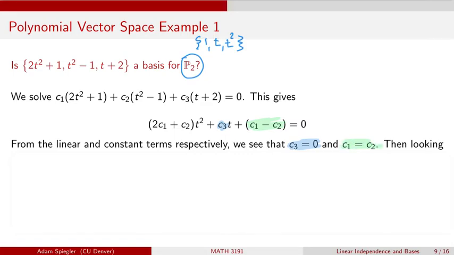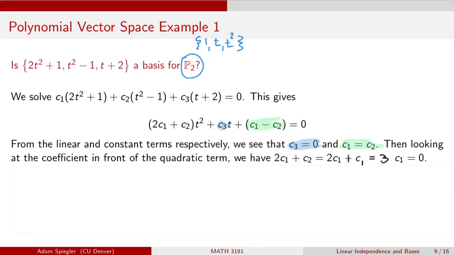So that tells us that c1 is going to have to equal c2. Then finally, we can take a look at the coefficient in front of the t squared term, which is 2c1 plus c2. We use our condition that c1 must equal c2 and plug that in to this equation.